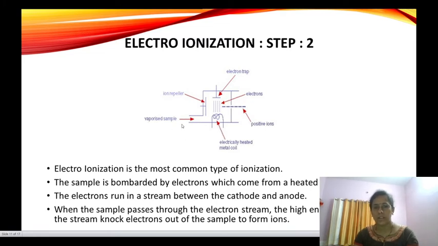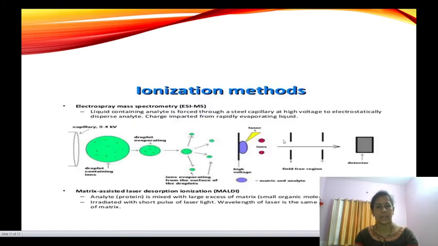The vaporized sample is inletted from this inlet. The electrons run in a stream between cathode and anode. When the sample passes through the electron stream, the high energy electrons in the stream knock the electrons out of the sample to form ions.